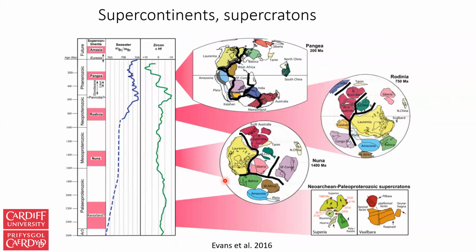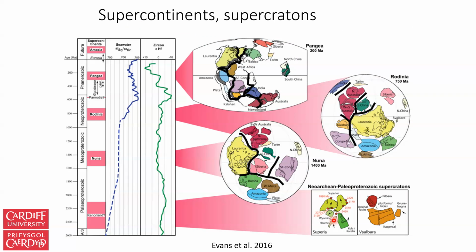And here's another version of that, so that a number of these Archean cratons might have accumulated together, perhaps in fact in two different places in the late Archean on the Earth. And these are called supercratons rather than supercontinents, because they don't have the same scale in terms of area that we know from the conventional supercontinent cycle. So that happened probably by about 2,500 million years ago, so about 75 million years after the intrusion of the Great Dyke.